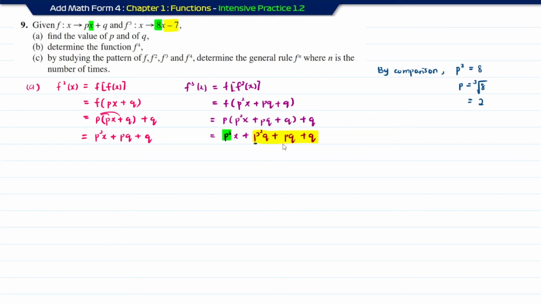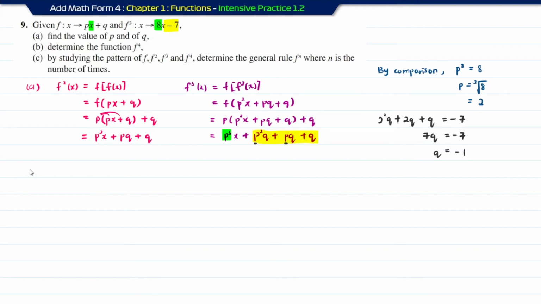So you're going to have 2 square q plus 2q plus q equal to negative 7. So 2 square is 4, plus 2, plus 1, you're going to have 7q equal to negative 7. So q is equal to negative 7 divided by 7, which will give you the answer of negative 1. So that is for part A.